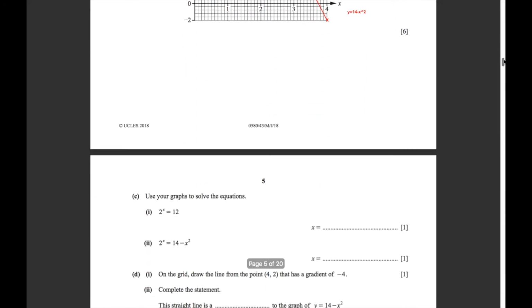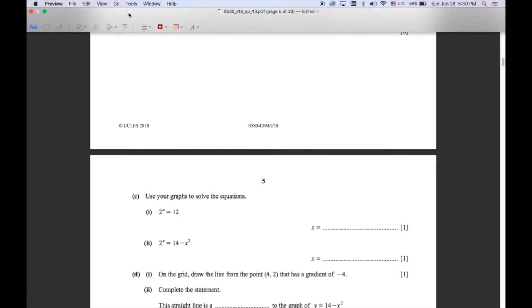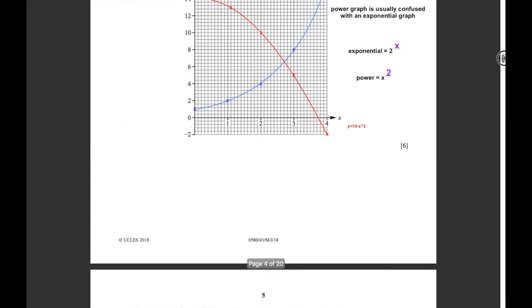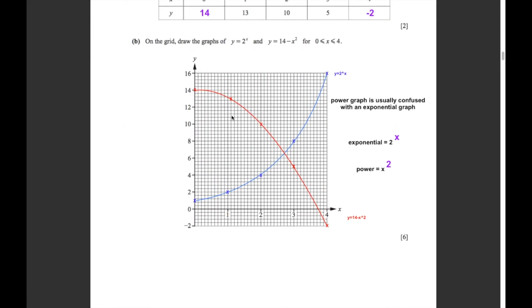All right, so use your graph to solve this equation. So 2 to the power of x is equal to 12. And that looks very similar because that is basically just y is equal to 2 to the power of x. So in this case, y is 12. So let's find the value of x when y is 12.